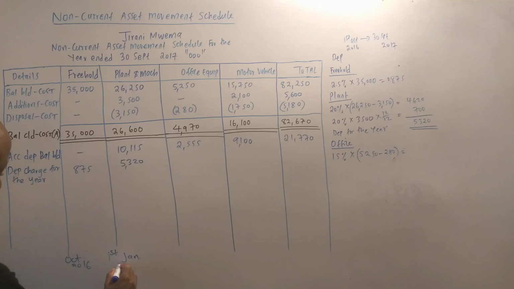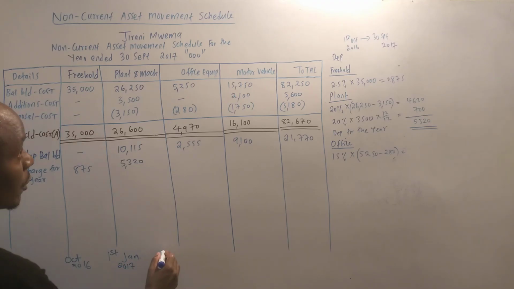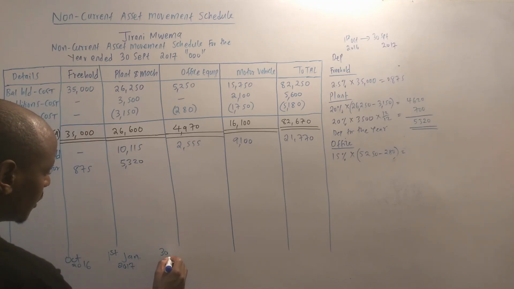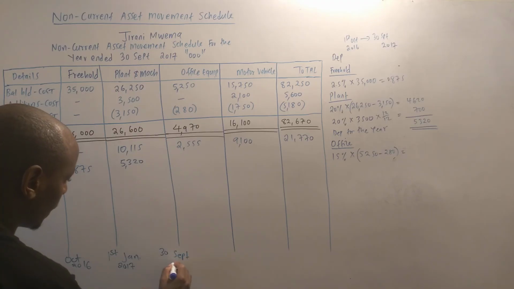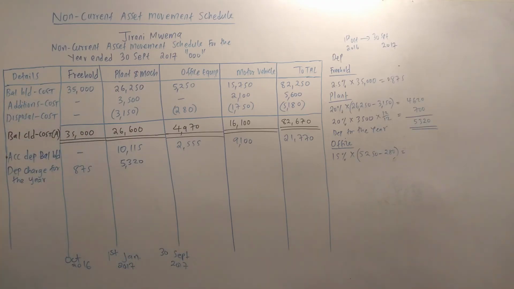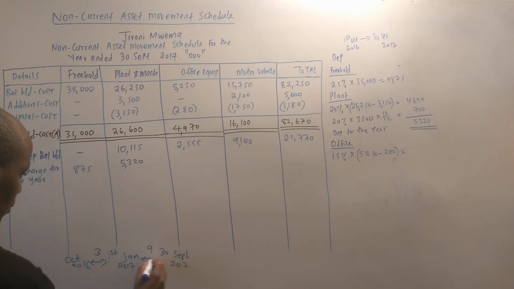This one January 2017, then it ends on 30th September 2017. So October, November, December, this one is 3 months, and from this part is 9 months.